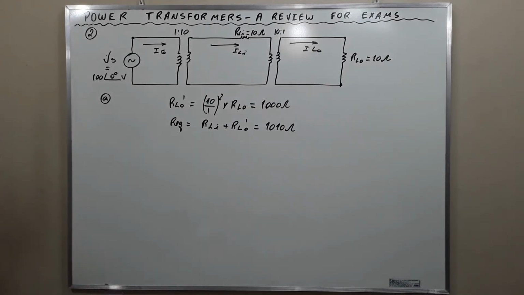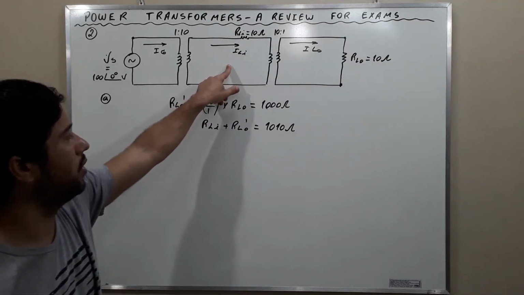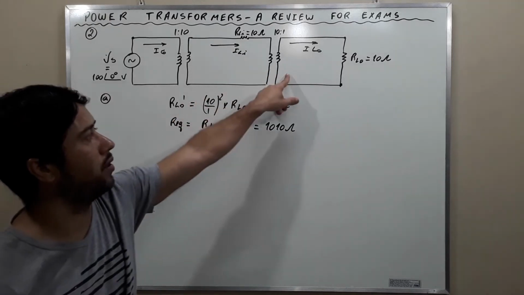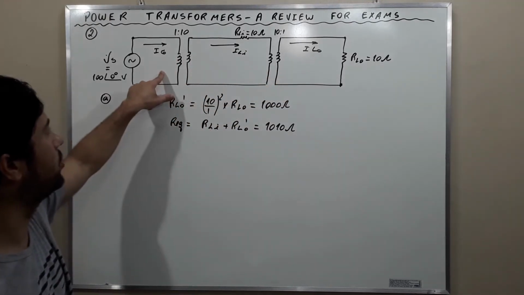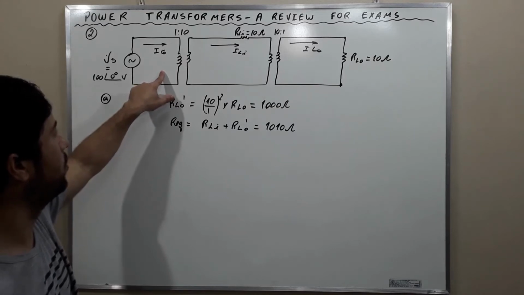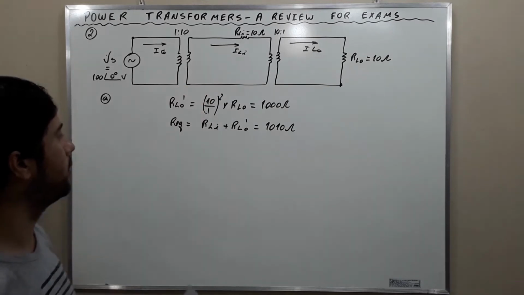And again, we use the turns ratio, but see that the voltage here is greater than the voltage here, and the voltage here is smaller than the voltage here.